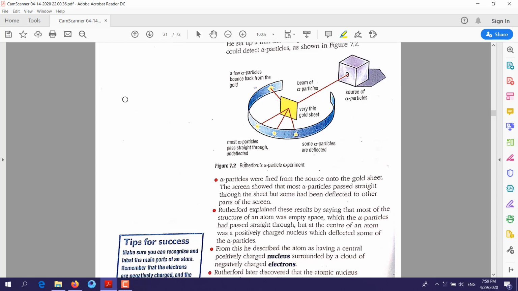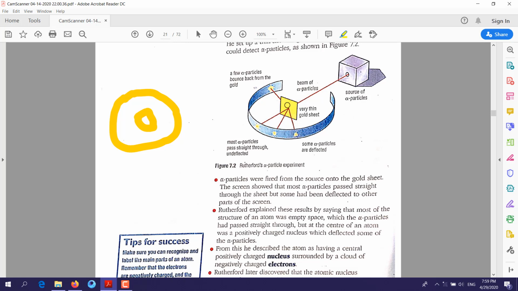If we study the structure of the atom, we will see it looks this way. We have this center, which we call the nucleus, and this part we call the orbit. So he found that when he sent these particles, most of them passed through the gold sheet.